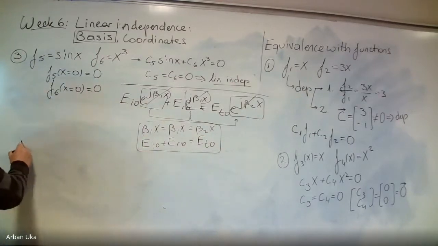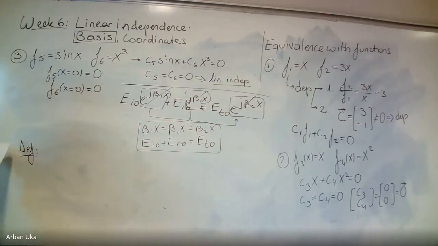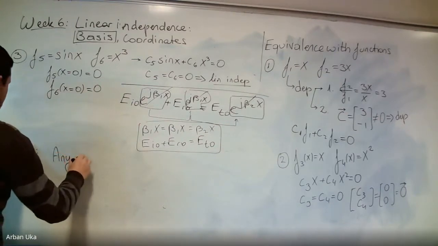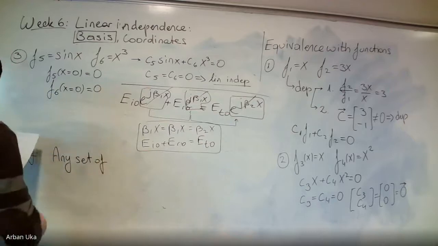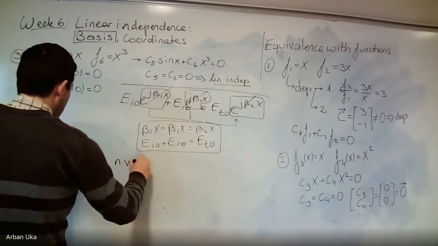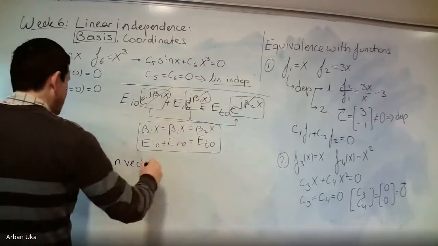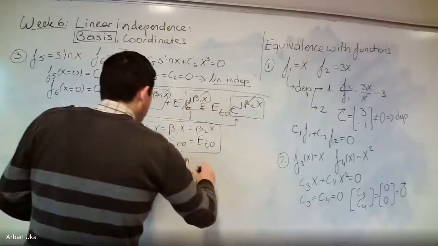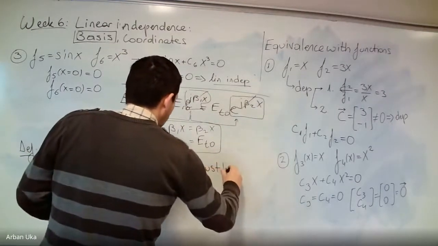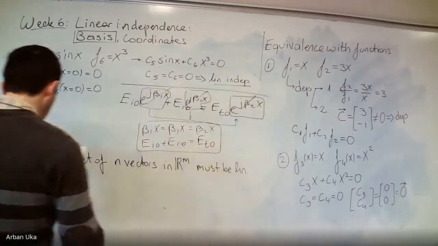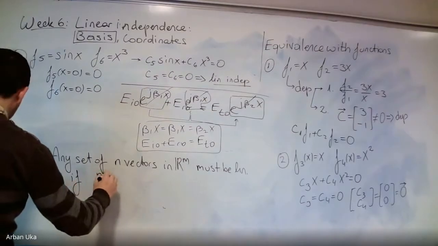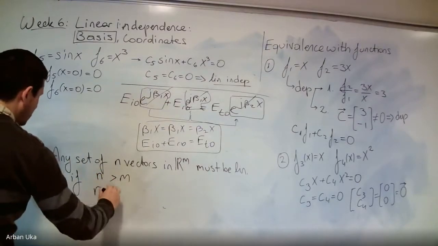We can provide here a specific definition which includes the following. Any set of n vectors in Rn must be linearly dependent if what? n larger than m or n smaller than m?